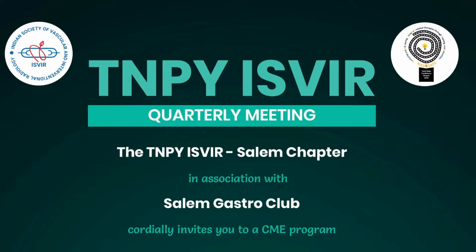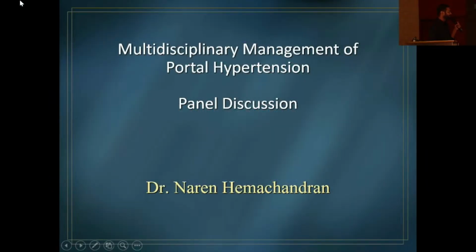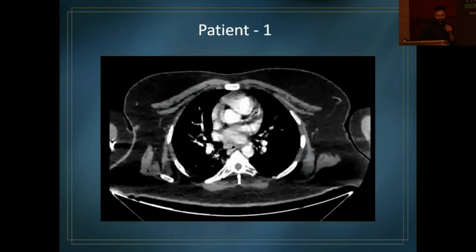Good afternoon, everybody. So I have a few interesting cases to discuss on various aspects of portal hypertension. Going on to the first patient, he's a 55-year-old male who had melena on and off for almost 20 days. The last 2 days, it's been significantly increasing to the extent that he presented to the ER with hemodynamic instability, needing NORAD support.